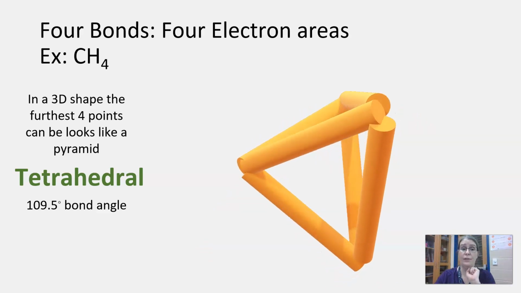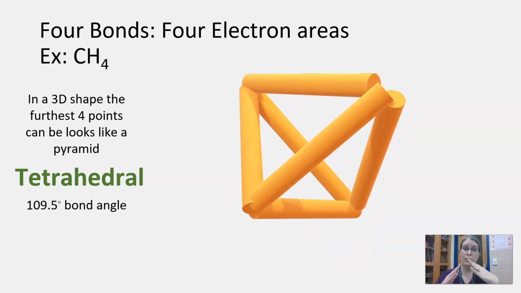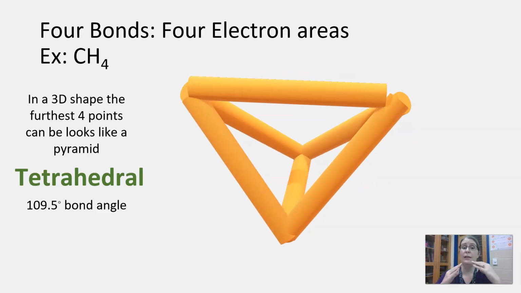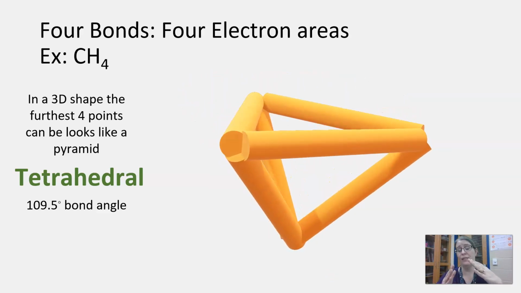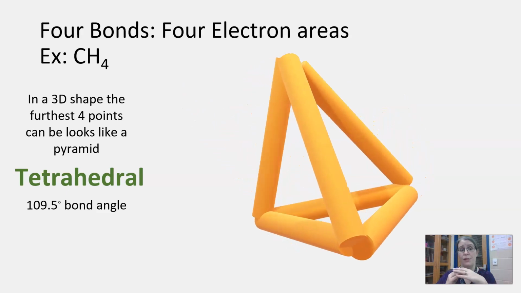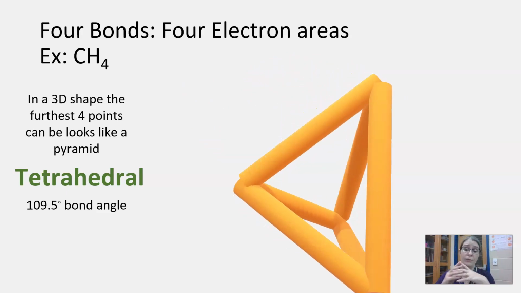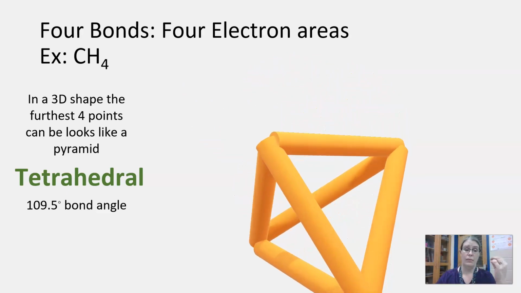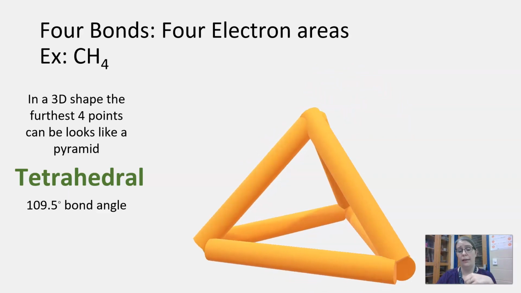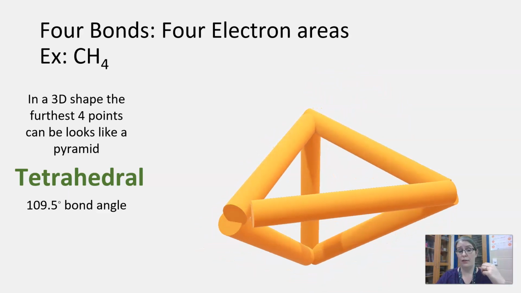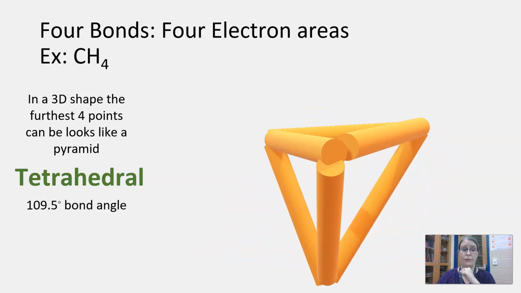You should definitely know that one, and then know that when we go on to different molecular geometries, we get smaller angles, but 109.5 will work for everything with 4 areas of electrons on the AP exam, so it'll work for me.